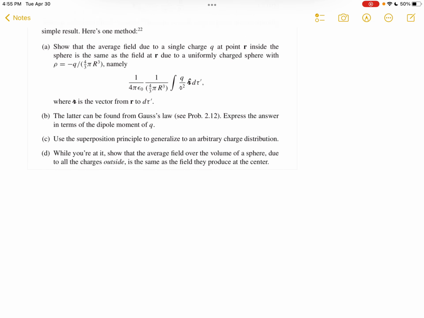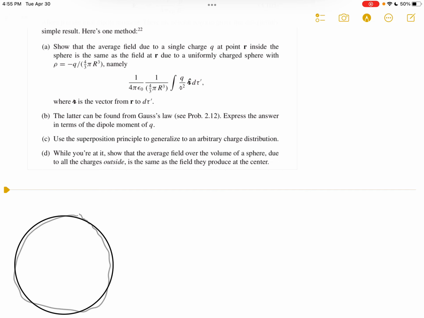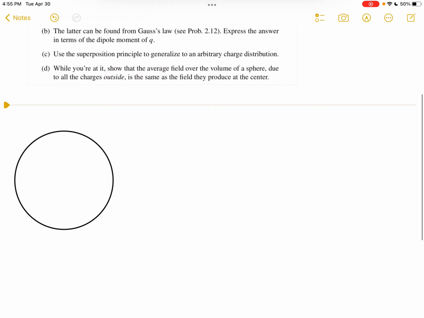So we want to draw our sphere, and we have some point charge, P, and this would be our radius R.